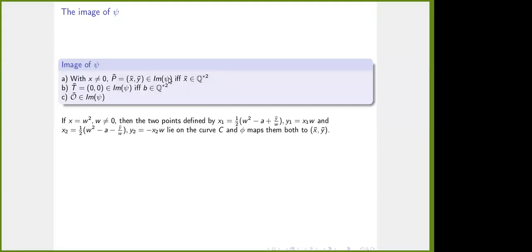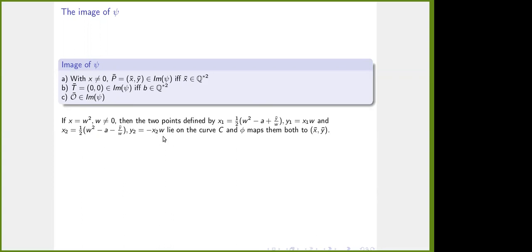So how do we check that? Suppose x is w square, so suppose there's a point x bar which is the square of a rational number. We can define these two points explicitly: x1 is equal to this, y1 equal to this, and the second point is x2 equal to this and y2 equal to this.